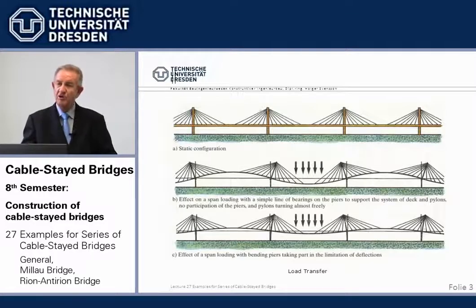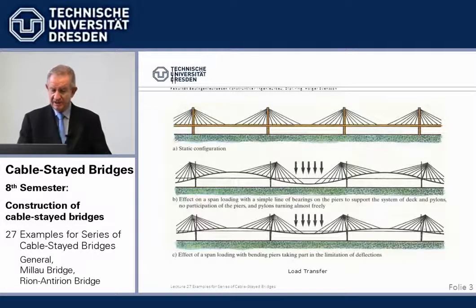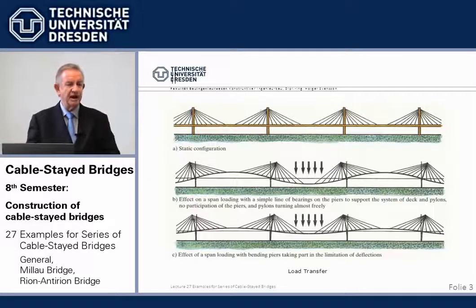Just to recall briefly, a series of cable-stayed bridges are several main spans, one after the other, without the usual side spans and hold-down piers there. So, series of cable-stayed bridges have two main problems to solve.